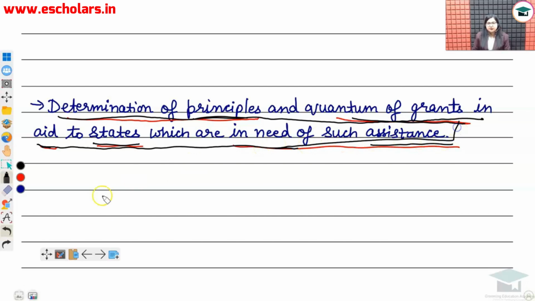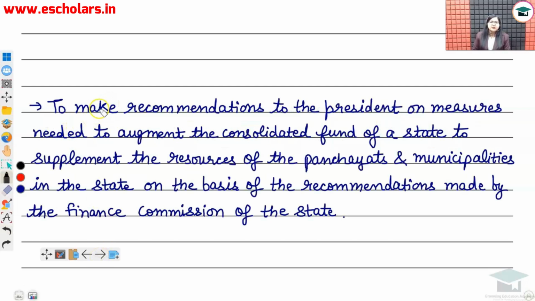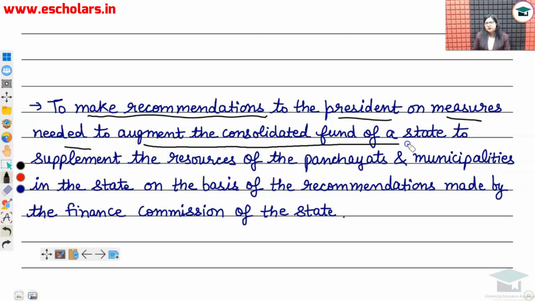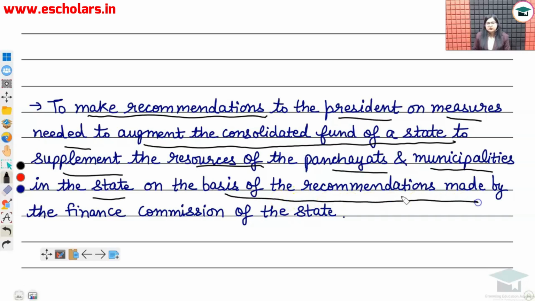Also students, the Finance Commission is responsible to make recommendations to the President on measures needed to augment the consolidated fund of a state to supplement the resources of the panchayats and municipalities in the state on the basis of the recommendations made by the Finance Commission of the state.